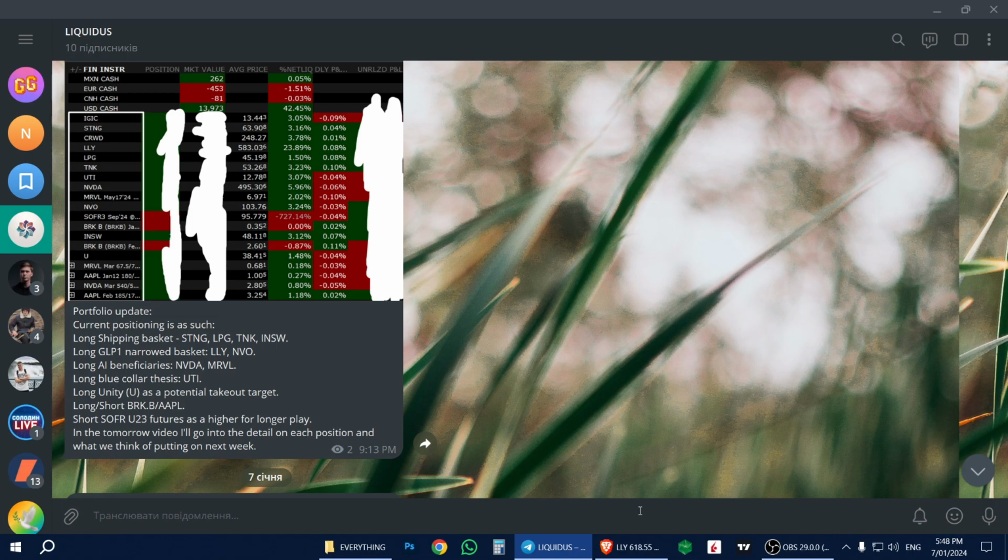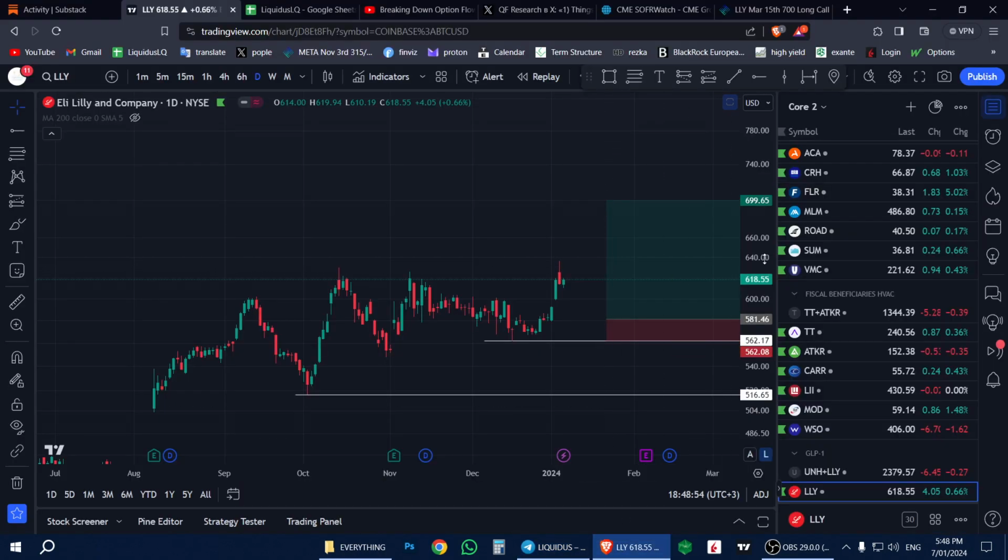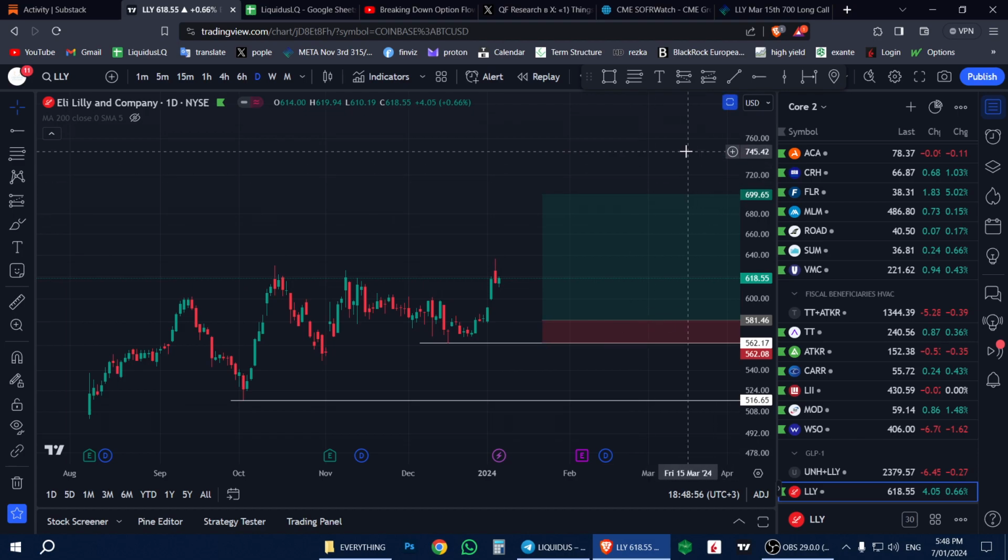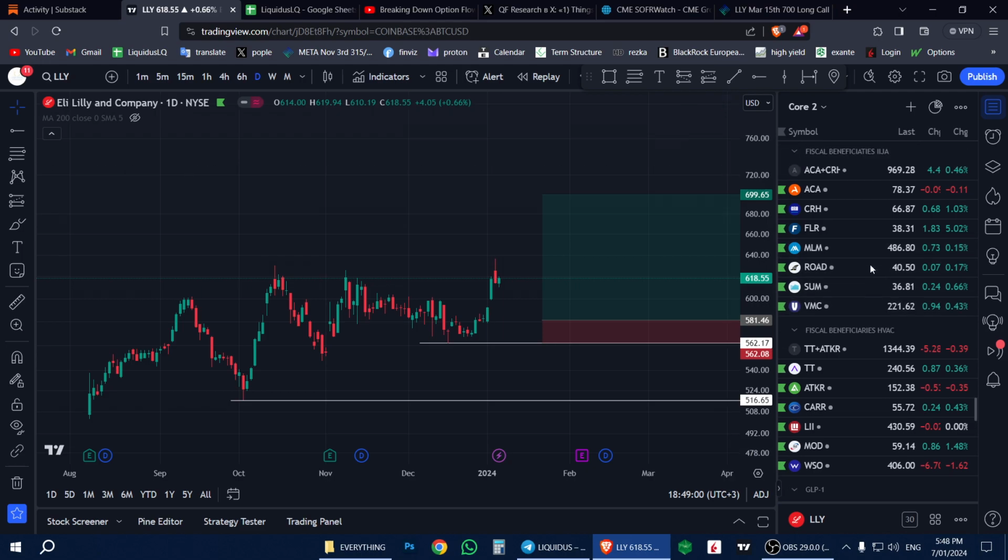Give me a moment. CRWD, MU, fiscal. Long AI beneficiaries, NVIDIA, Marvell. You see, everything that we are putting on right now is with that cross-asset class analysis and beta component that we just explained.